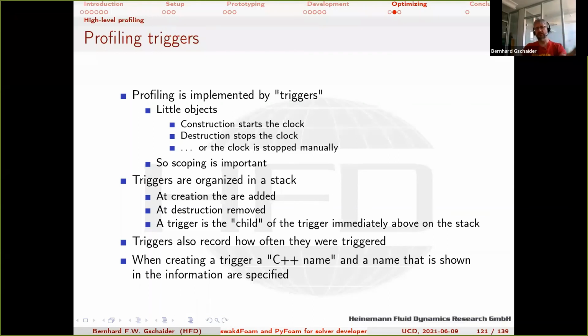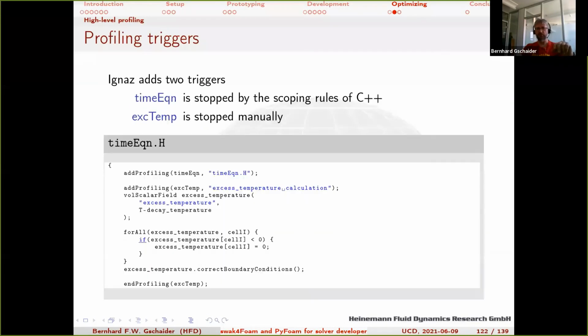We're going to see that on the next slide. When creating a trigger, you at first have to specify a C++ name. That one has to be used, for instance, for stopping the trigger. And you also can specify a readable string that will show up in the reports.